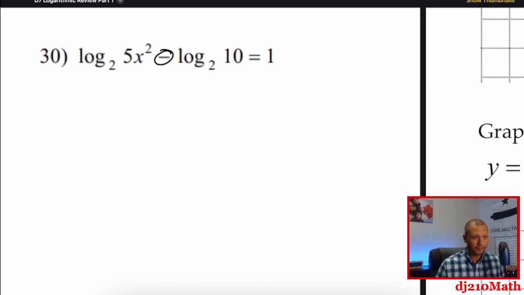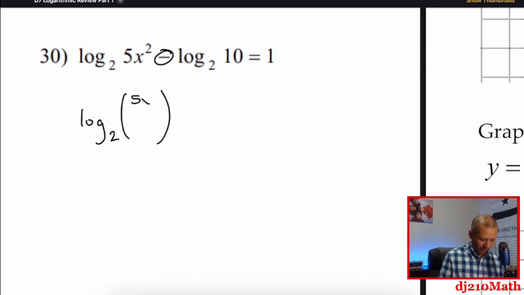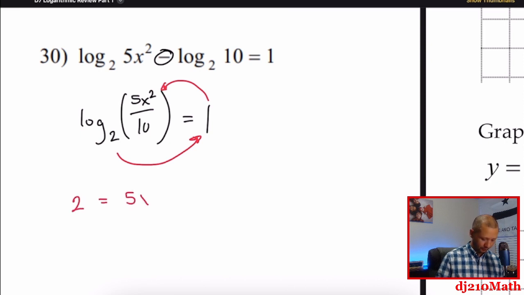Subtraction, that means division. Log base 2 of 5x squared over 10 equals 1. I'm going to rewrite this in exponential form: 2 raised to this equals this. So 2 to the first power is just 2, equals 5x squared over 10.